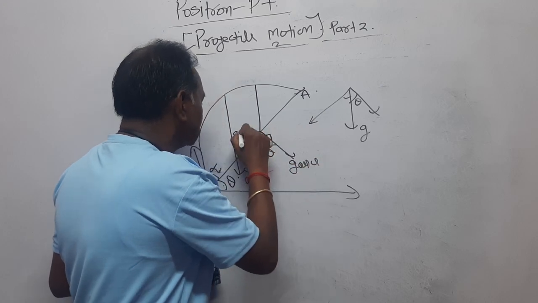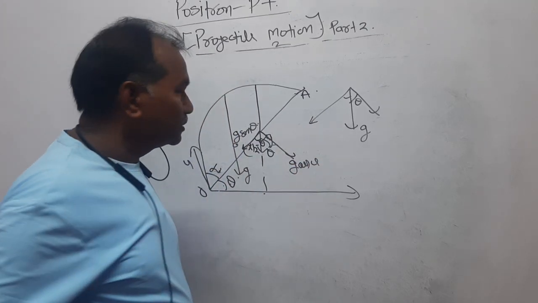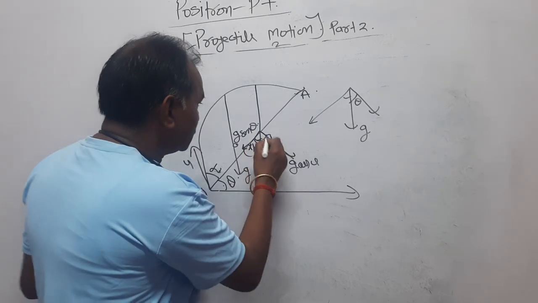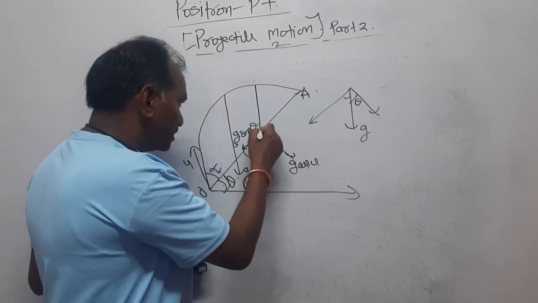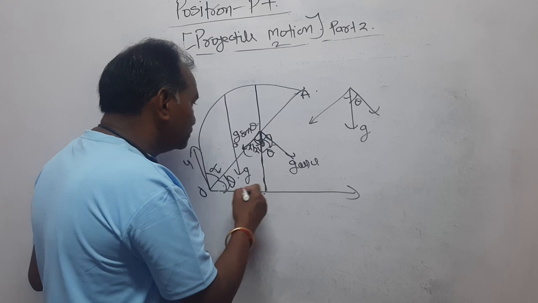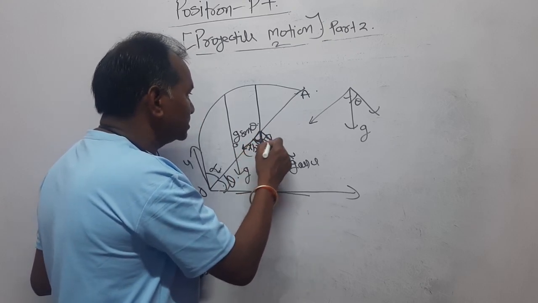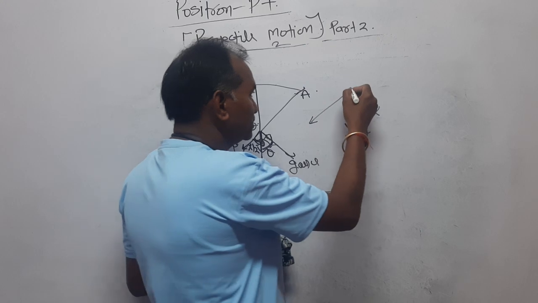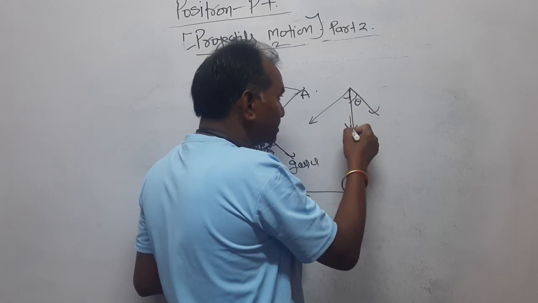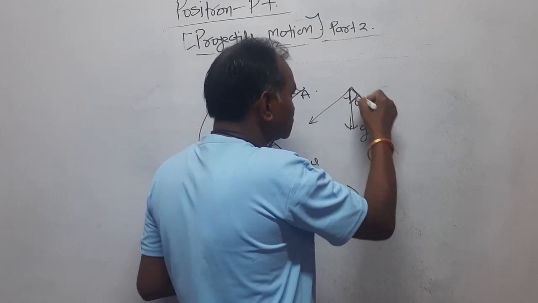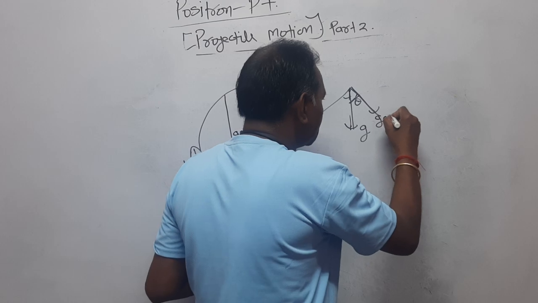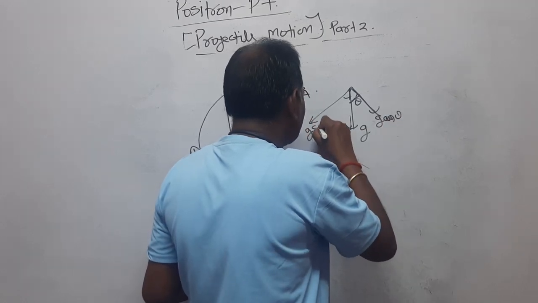What I have said, this angle was theta. I just drew it to meet the ground. If it is theta, then this is 90 minus theta, so it will be theta. I have made here G vertically downward, this angle is theta, so this component is G cos theta and this component is G sin theta.